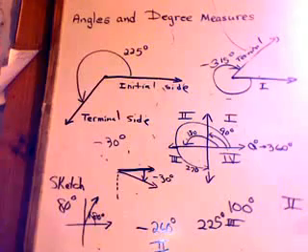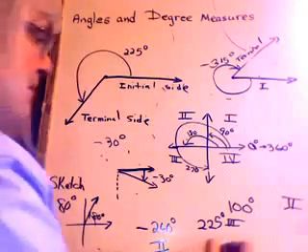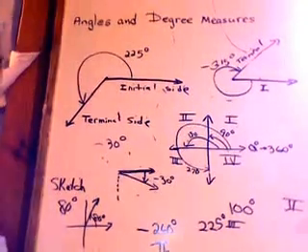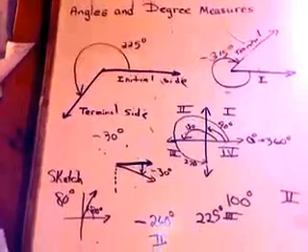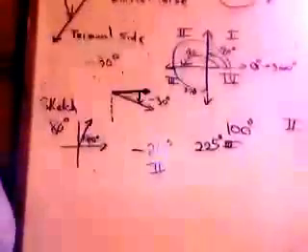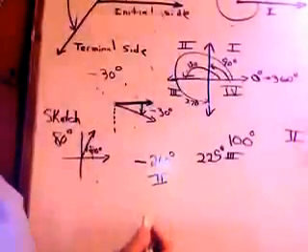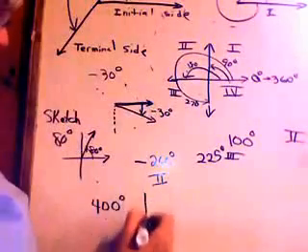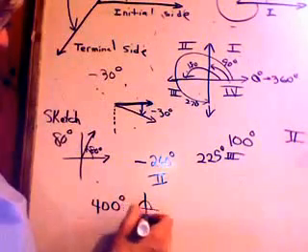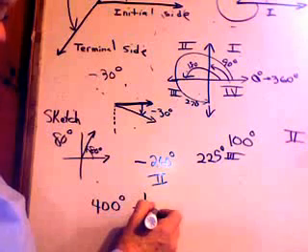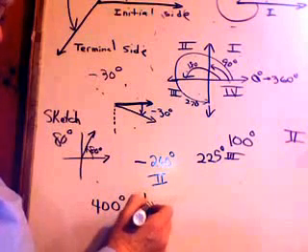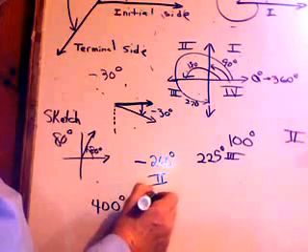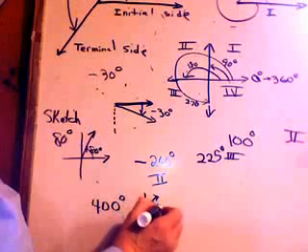What if I said to sketch 400 degrees? All right, I need a little more space here, don't I? Let's make my screen go like this. All right, so if I want to sketch 400 degrees, positive direction, that means I go all the way around once. That's 360. And how much more? 40 more. And there's the sketch for 400 degrees.